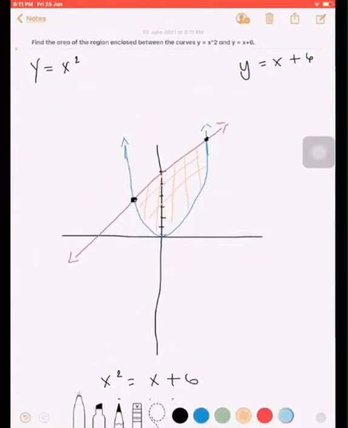It's this one, x plus 6, the line. And the lower function will be this one, x squared.